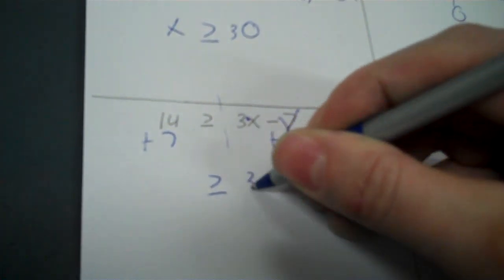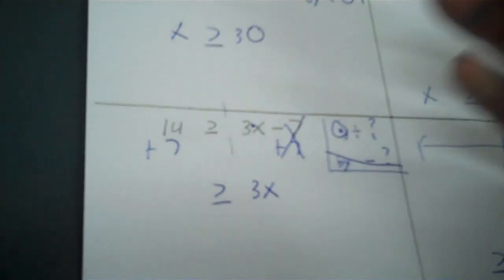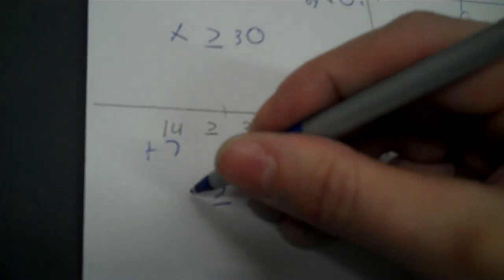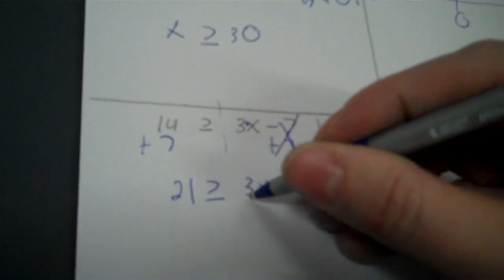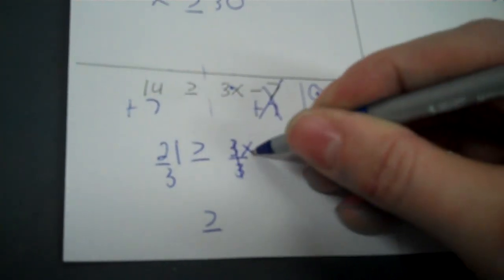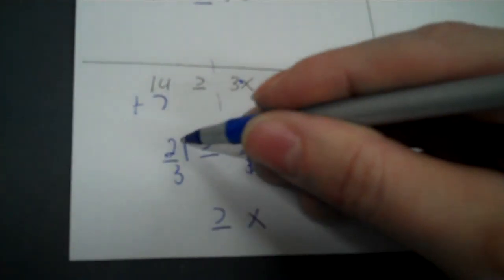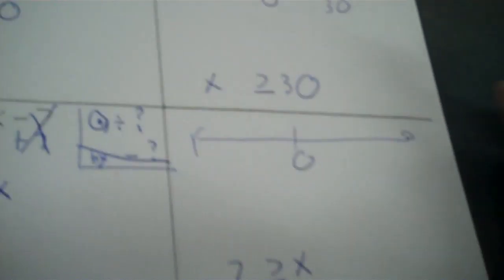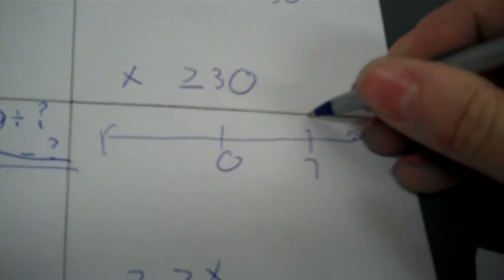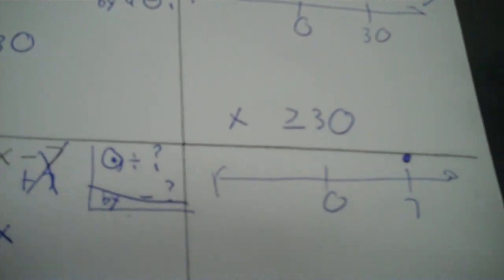Put the 3x on this side and put 14 plus 7's answer, which is 21, on this side. Divide by 3. Remember to put the x on this side, and 21 divided by 3 is 7. So the sign had no reason to flip, so you got 7 and x. Does it open towards the number or towards the x? It opens towards the number, so it goes this way.